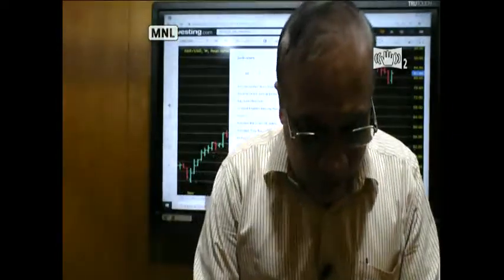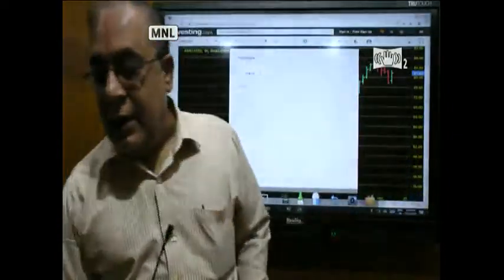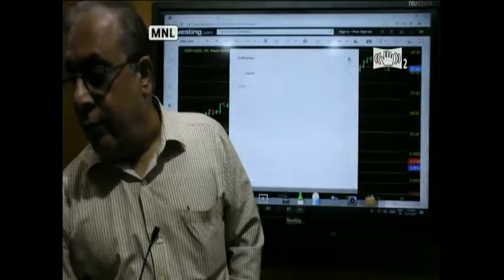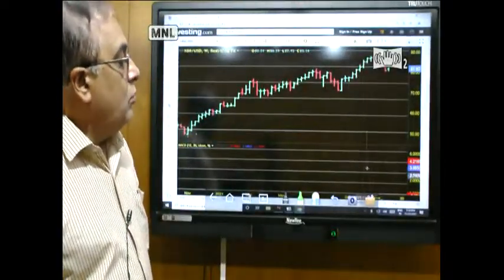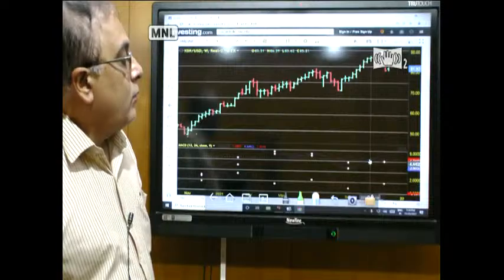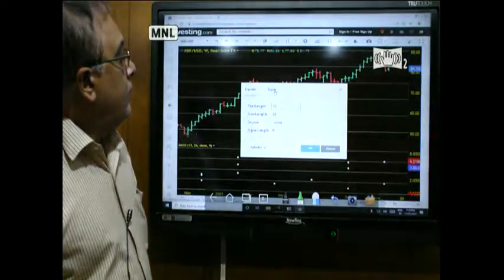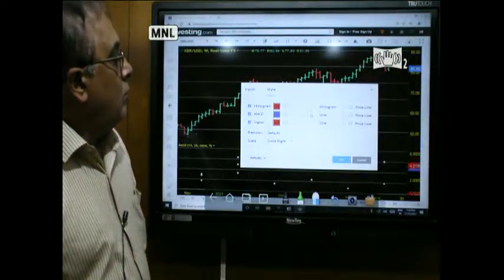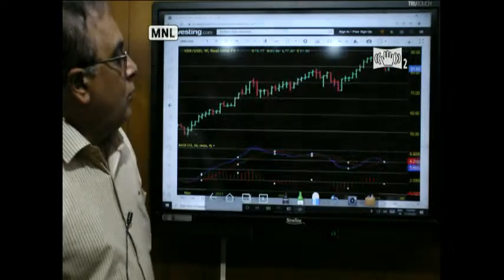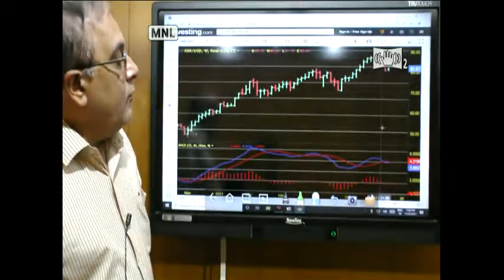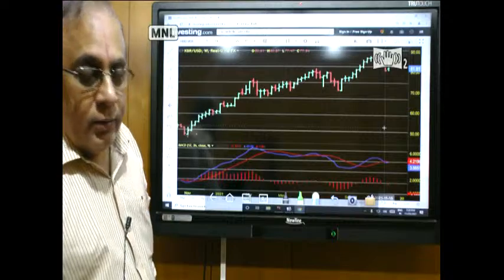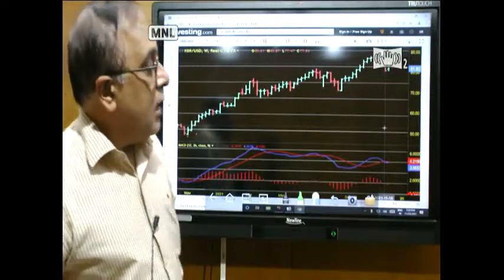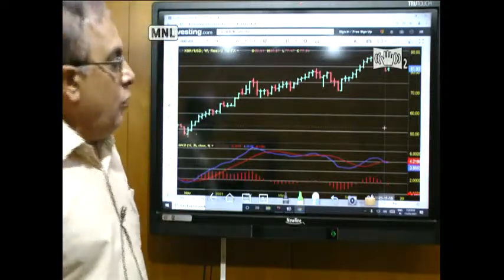So let us look at the MACD chart, on both the daily chart and the weekly chart. On the weekly chart, the MACD has crossed below the red trigger line, and then a pivot has been formed.